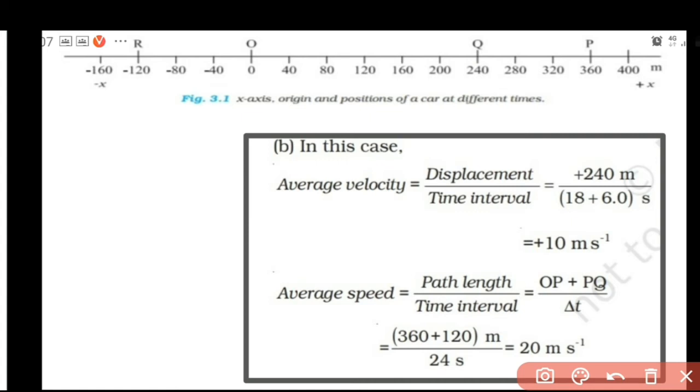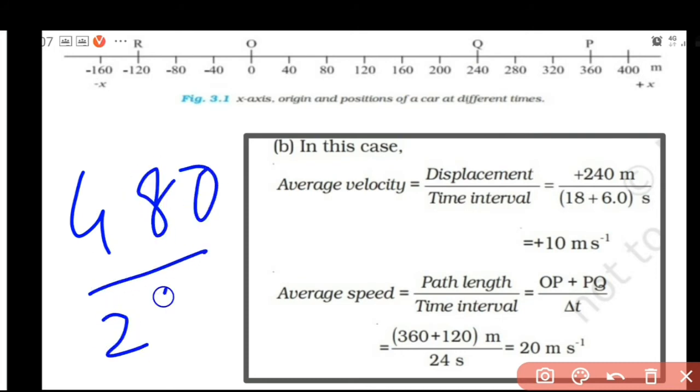From 360 to 240, that distance is 120. So 360 plus 120 will give you 480. So 480 divided by the time taken, that is 24. So 480 by 24 gives you 20 meter per second. Okay, so that's what average speed is.